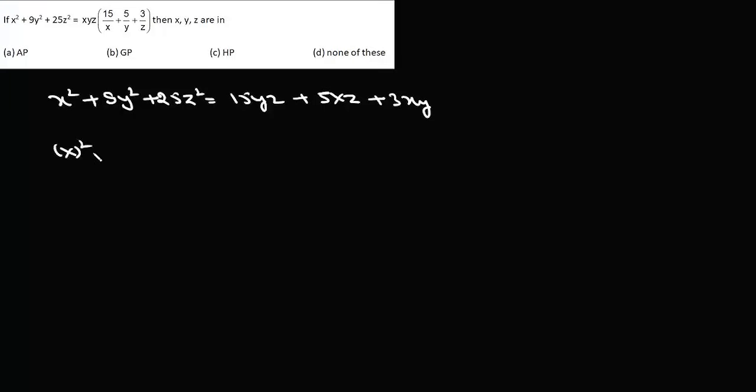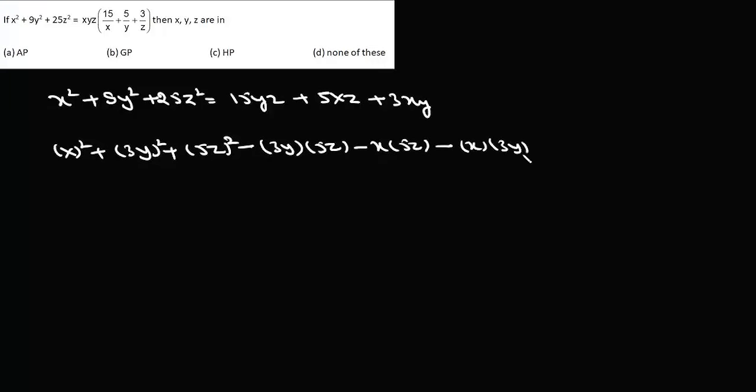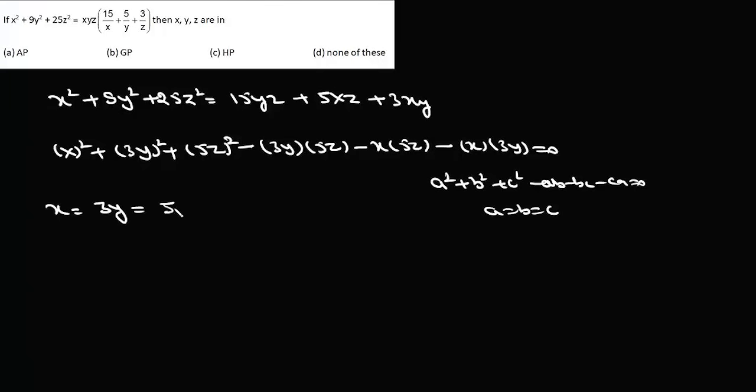Now this is x square plus 3y square plus 5z square minus 3y into 5z minus x into 5z minus x into 3y equals 0, which again is a square plus b square plus c square minus ab minus bc minus ca. So again we'll get a equals b equals c. So from here we'll get x equals 3y equals 5z, and suppose it is equal to k.